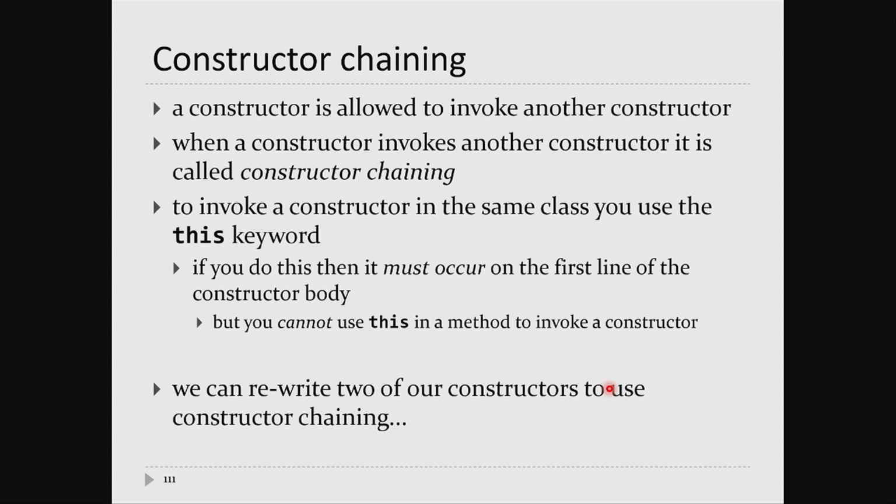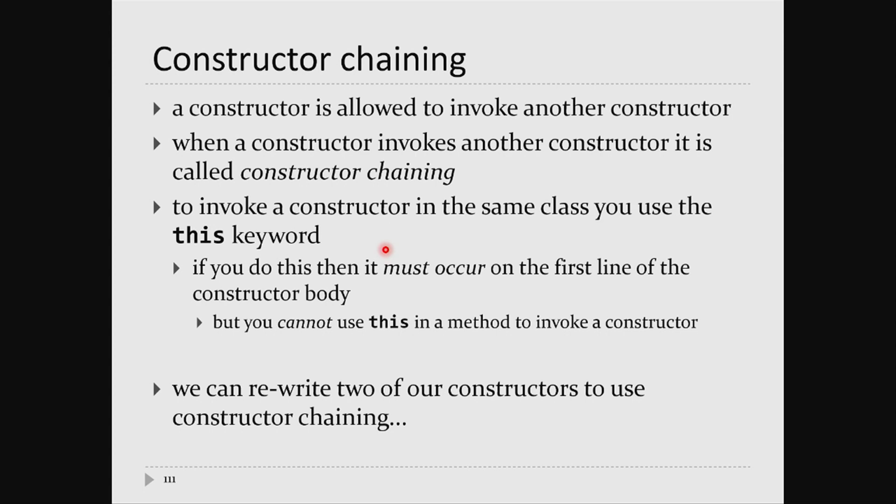So the way to do that is with a mechanism called constructor chaining. A constructor is allowed to call another constructor. When a constructor does so, we call that constructor chaining. Now the way you chain in a constructor is you use the keyword this.